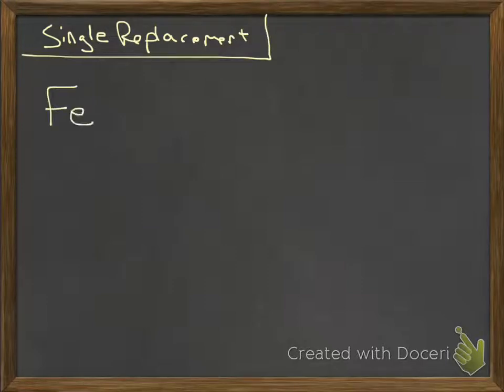And so I'm going to use iron again, because iron's a pretty common thing in single replacement reactions. We use it quite often. But this time I'm not going to work with copper. I'm going to work with, let's go with silver phosphate. Silver phosphate. And we want to see if a reaction is going to occur.